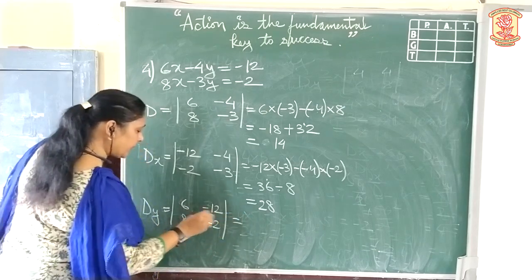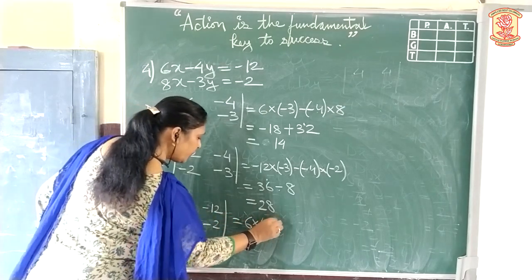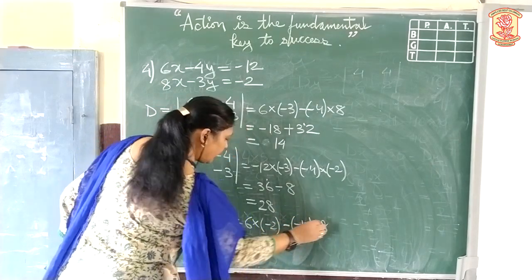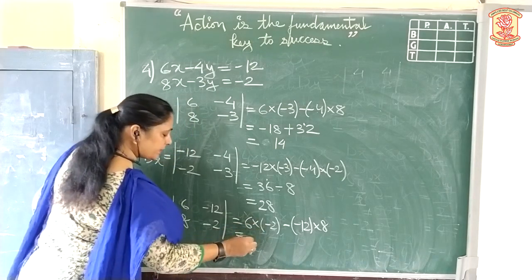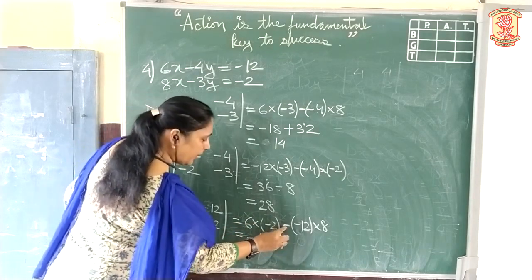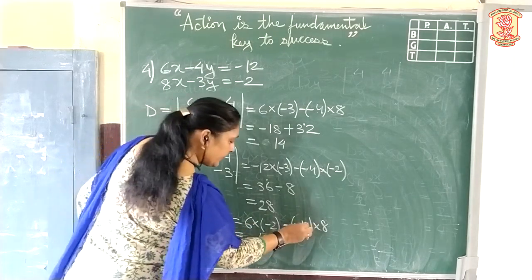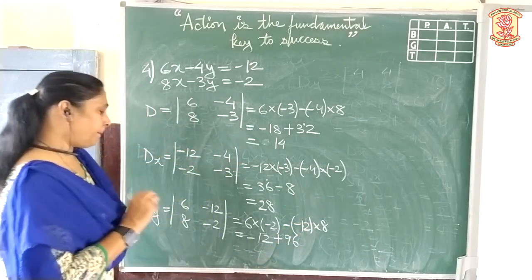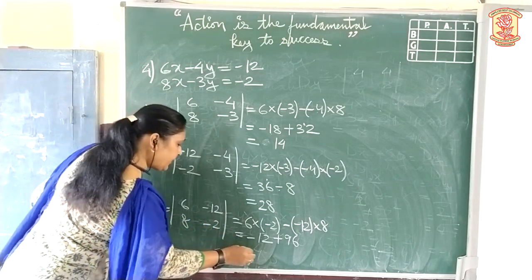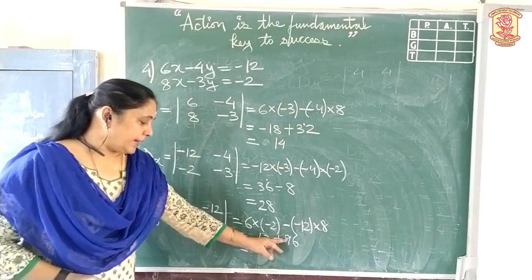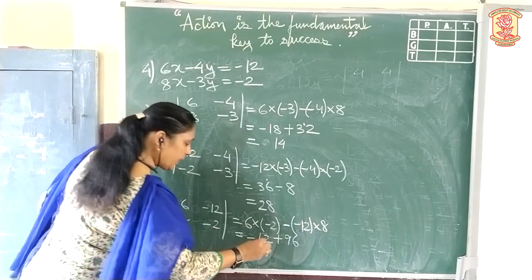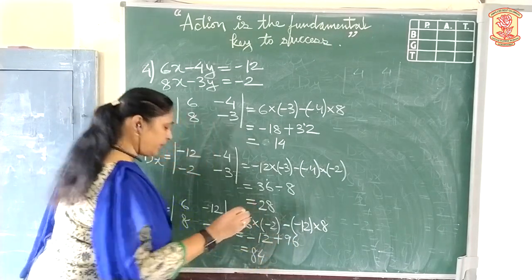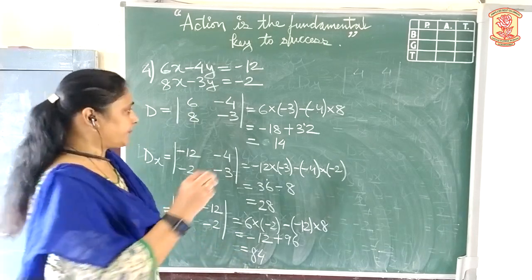Cross multiply, so we get 6 into minus 2, minus of minus 12 into 8. 6 twos are 12, and minus minus plus, 12 eights are 96. Now minus 12 plus 96 is 84, and the bigger number's sign is plus.